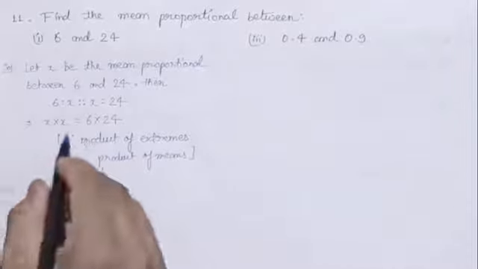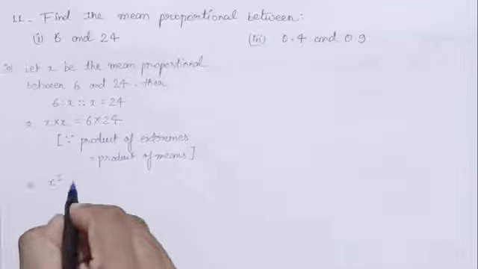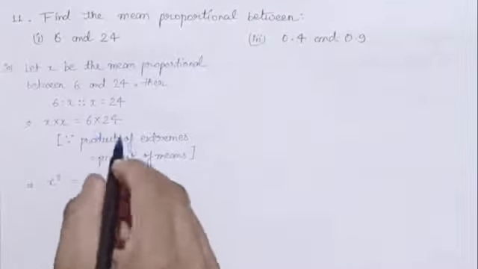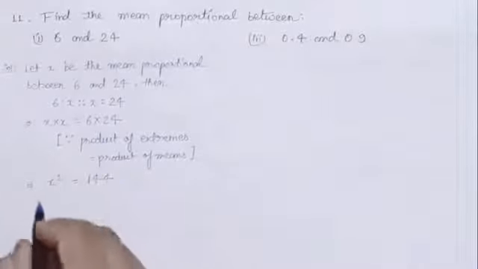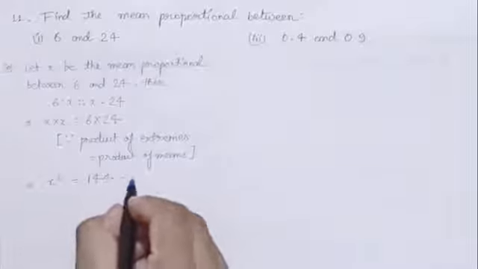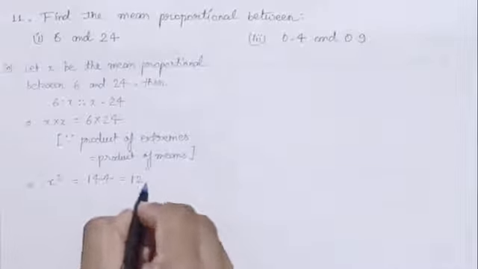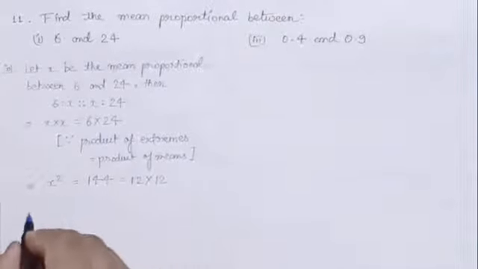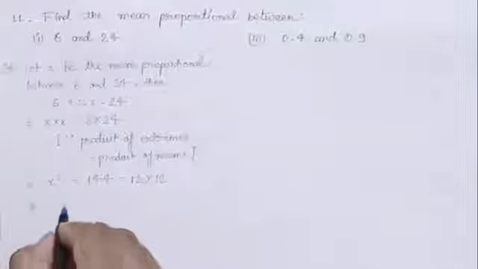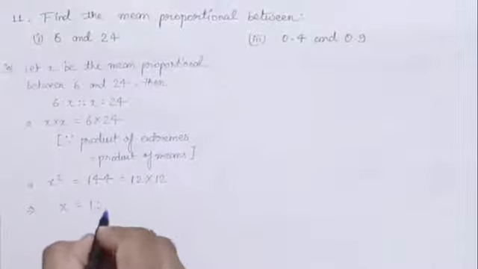Now let us solve. So from here we have x square equals 6 into 24, which comes out to be 144, and it can also be written as 12 into 12, because the square of 12 is 144. So it implies that x is equal to 12.